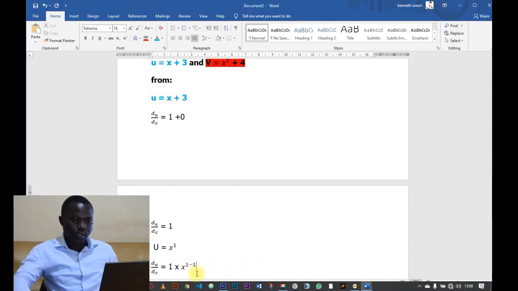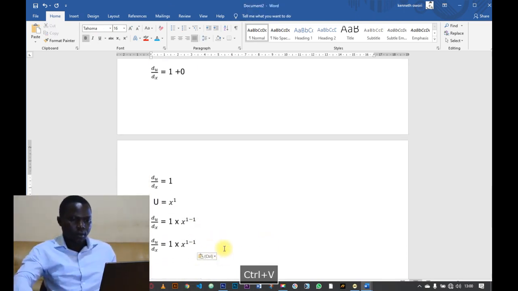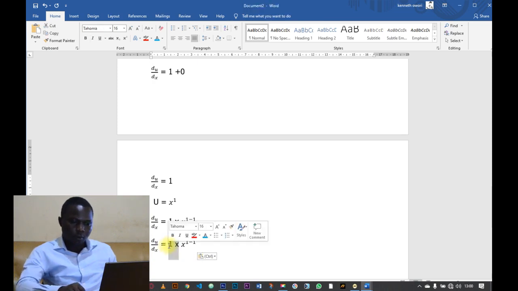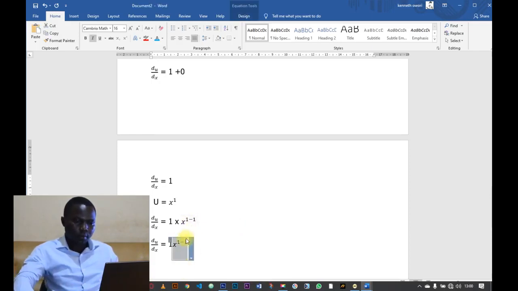So we end up with du dx equals x power 0, since 1 minus 1 results in 0.